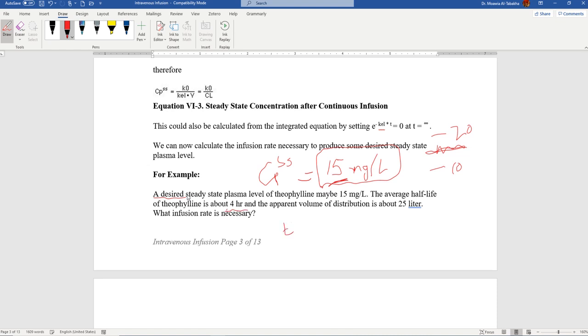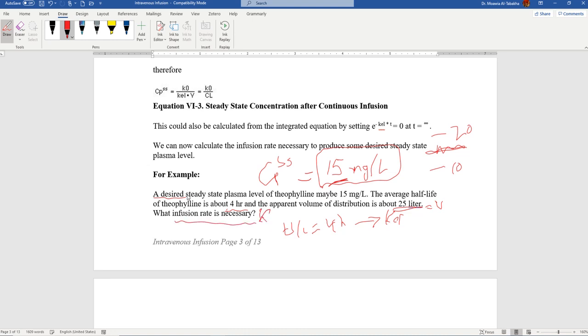From the T half, what can I get? I can get the KEL. And the apparent volume of distribution is given as 20 liters, so V equals 20 liters.